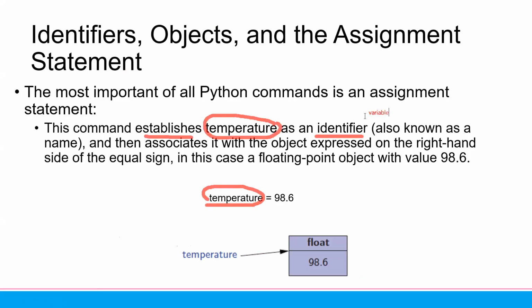Sometimes we can say this is the variable name. And the variable name associates with the object expressed on the right hand side. This is the right hand side. So this will be the value of the variable temperature. And if you write it like this, 98.6, Python will understand this is float. If you put temperature equals 36, then Python will understand this is integer. Okay.